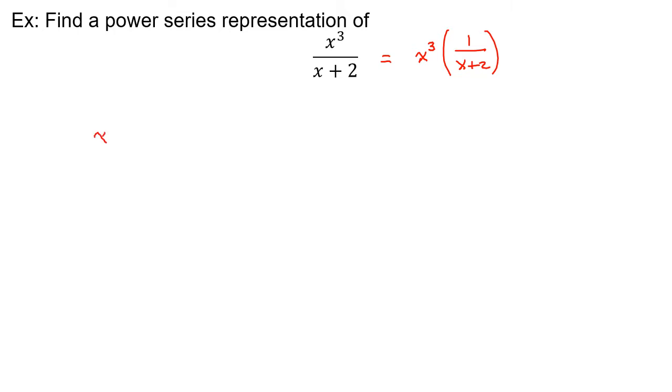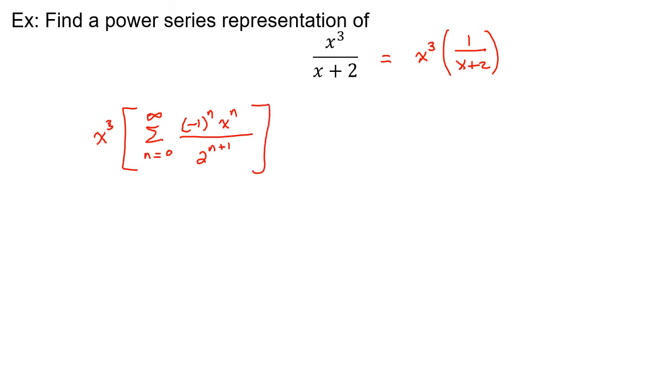So this is x cubed times the summation of n equals 0 to infinity of negative 1 to the n, x to the n, over 2 to the n plus 1. That's from the previous example.